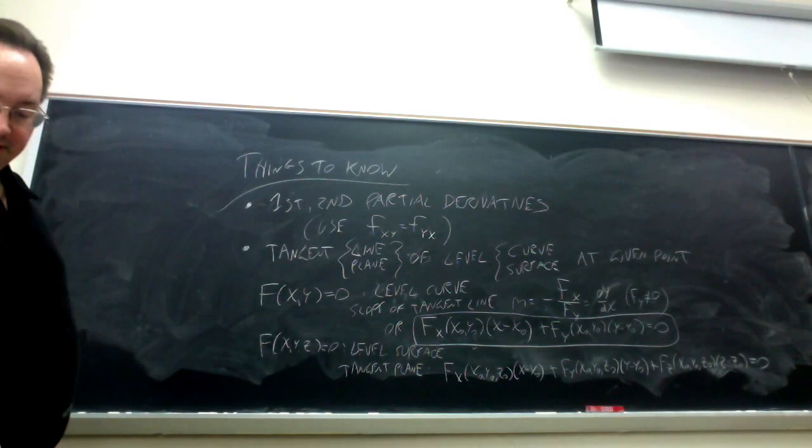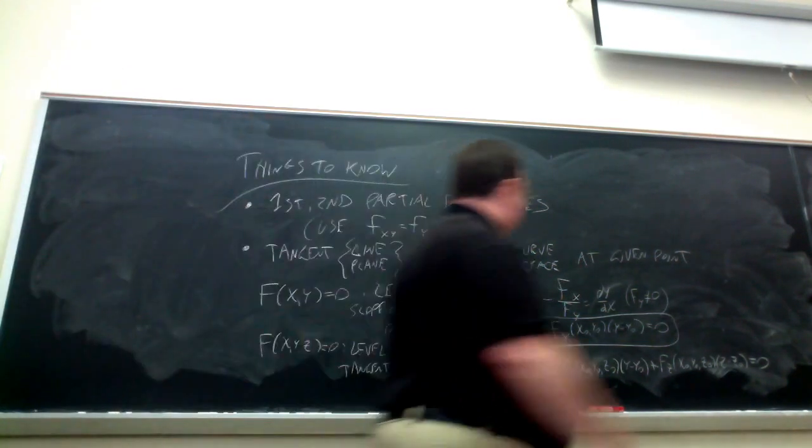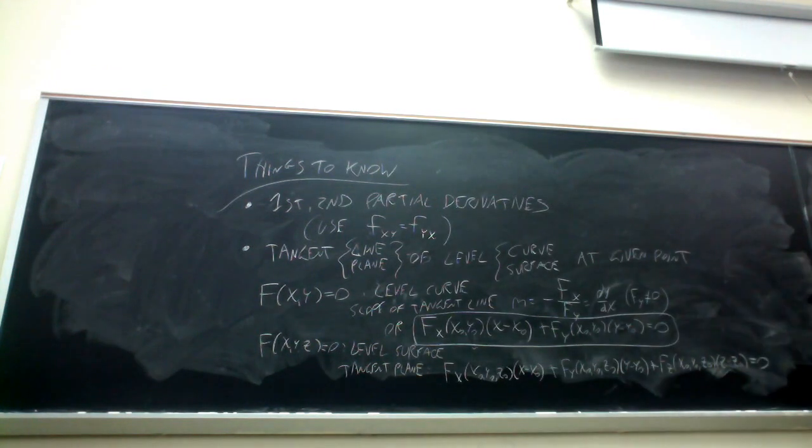All right. Now that covers tangent lines and tangent planes for implicitly defined functions. But what if a function is described explicitly? So you don't really have a big f(x,y) equals 0.